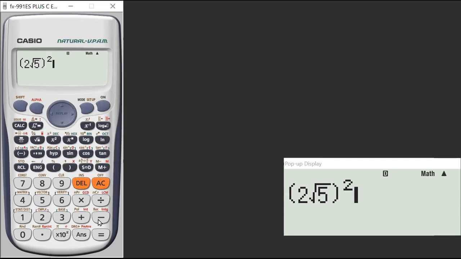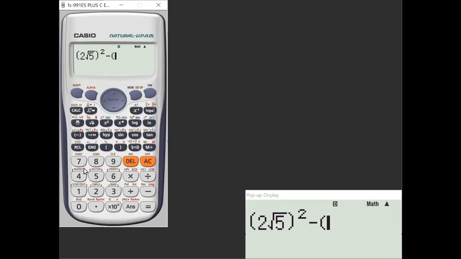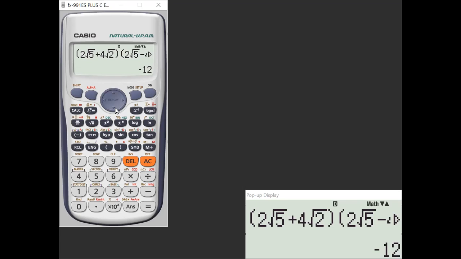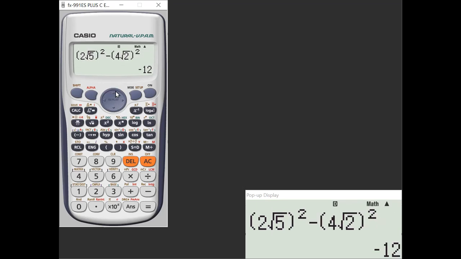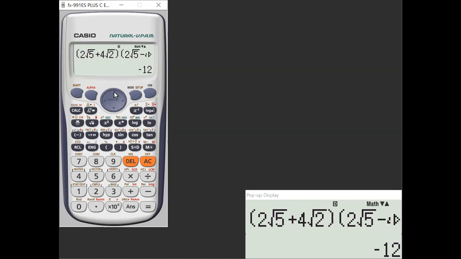Wow, this is so slow. I need to open a bracket first. Oh my goodness. Do you get the same answer? Yes, both are negative 12, then that means we're confirmed correct. And in fact, you don't even need to show the working. For the a square minus b square, you can just type it in the calculator and get negative 12 straight away.